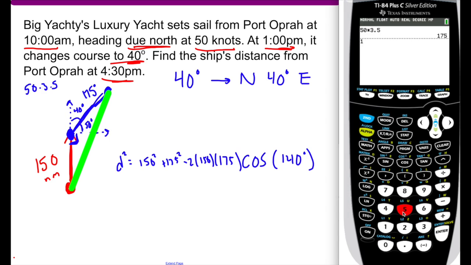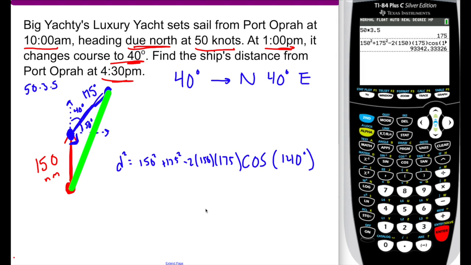So here we go. 150 squared plus 175 squared minus 2 times 150 times 175 cos 140.